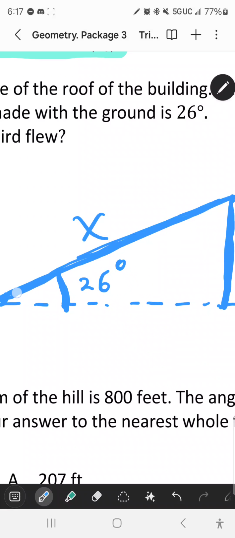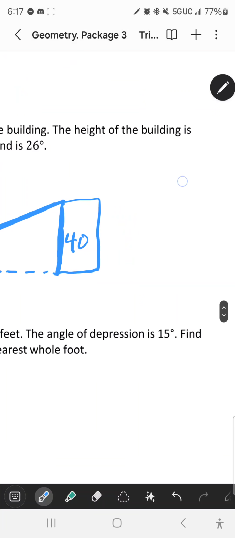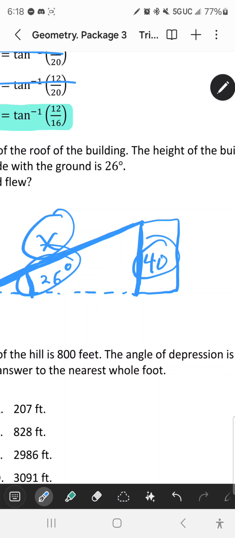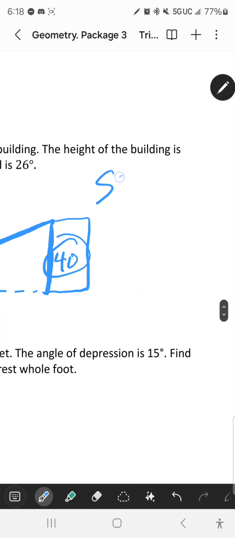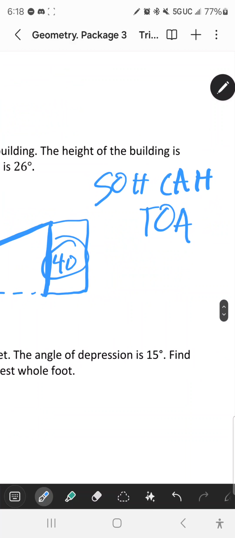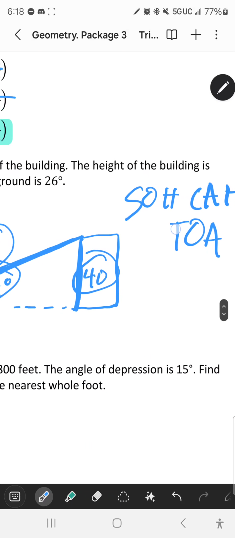The total movement he did to move from the point on the ground to the roof. So what we have is this and this. What I would like you to think about is SOHCAHTOA, with the explanation of the three trigonometric functions we are going to use.